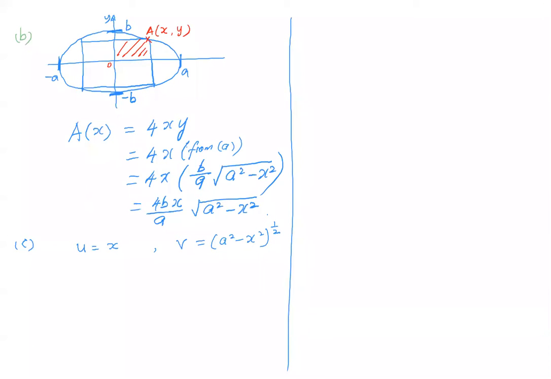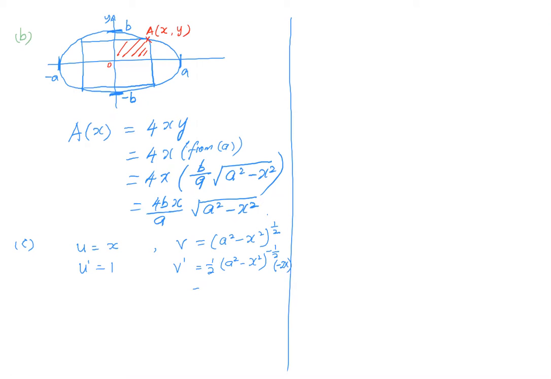Okay, have you got your A prime x? So U prime is 1, V prime, bring down the power, copy down the whole thing, power take away 1, times by the derivative of negative x squared, which is negative 2x.